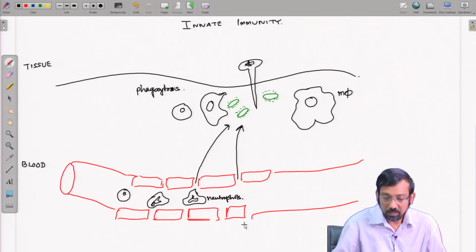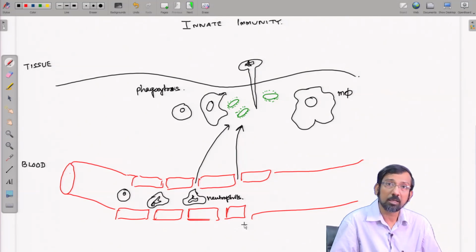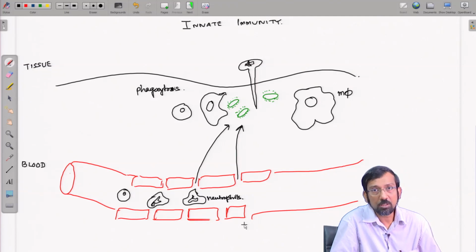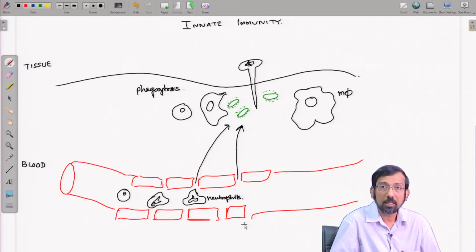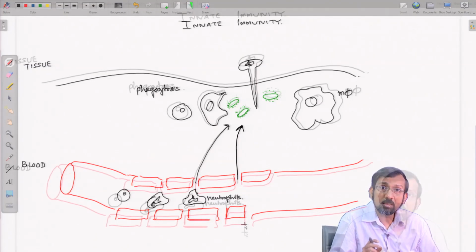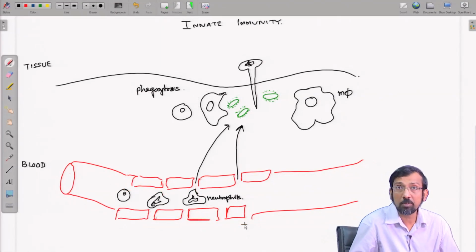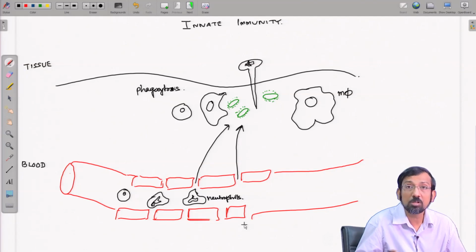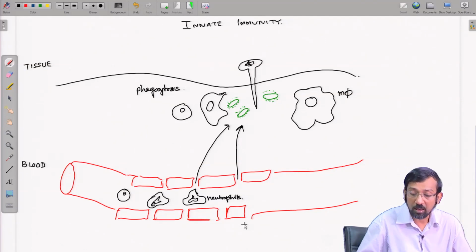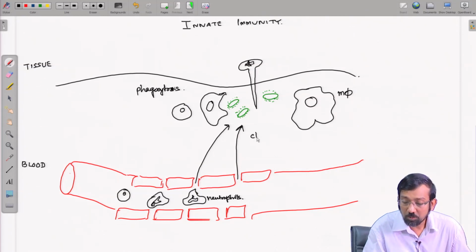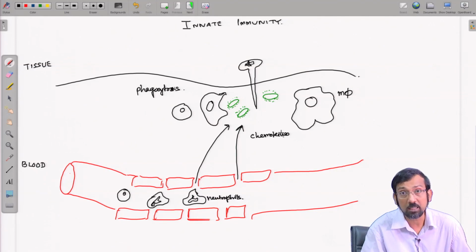Other than that, there are also some other chemical mediators and chemical proteins which mediate this migration. That means they try to attract more and more of the cells of the immune system to go to the site of action. They are, for example, the chemokines. We will discuss them in detail later on.